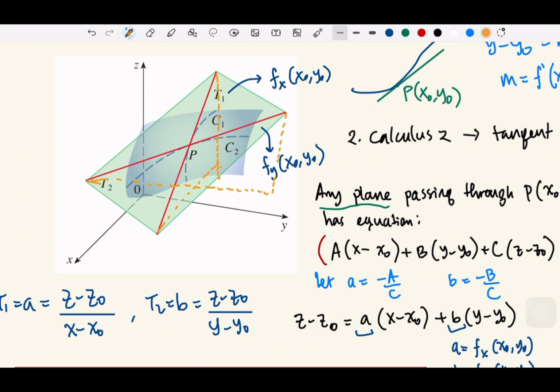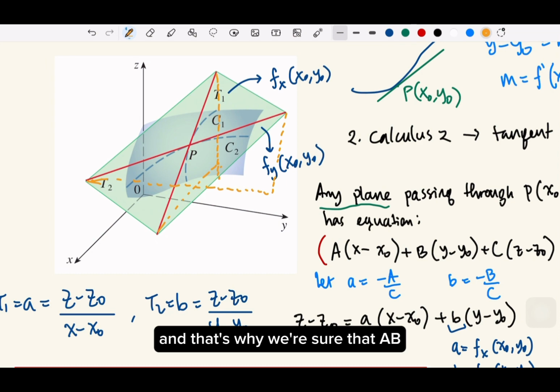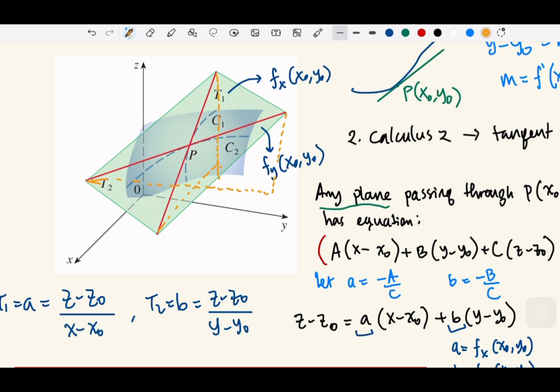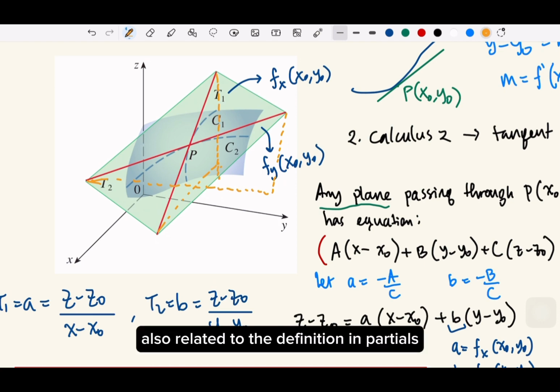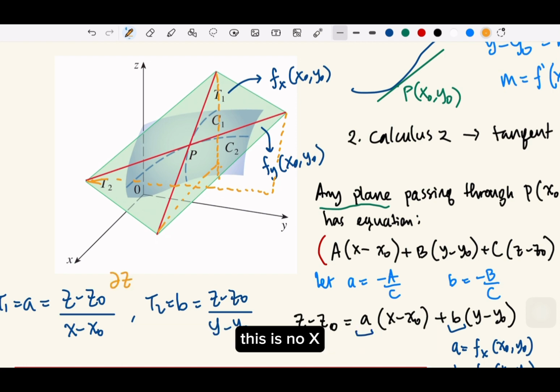So we can have this also. And that's why we're sure that A and B are basically related to the definition of partials. We can say that the difference in z divided by the difference in x, or we say this is dou z, this is dou x, this is dou z, this is dou y.